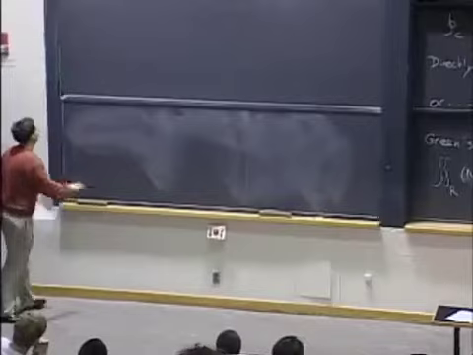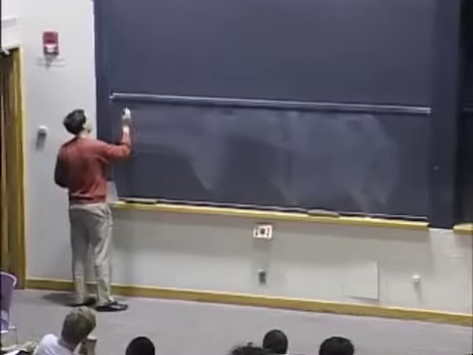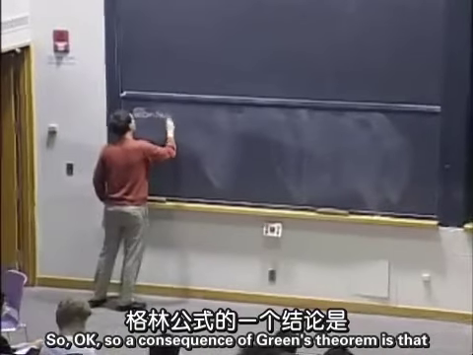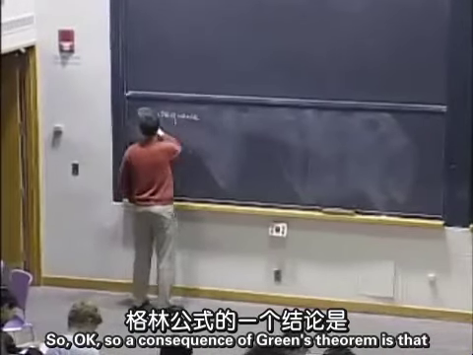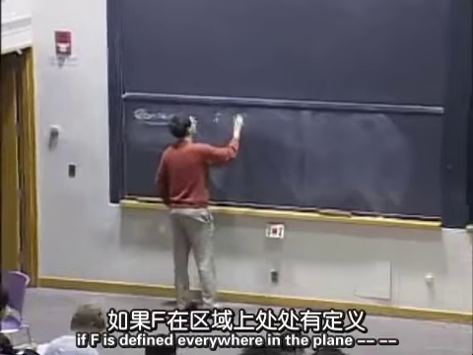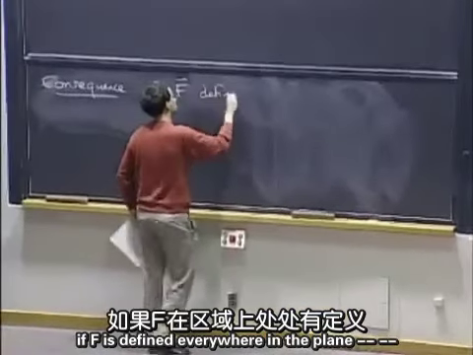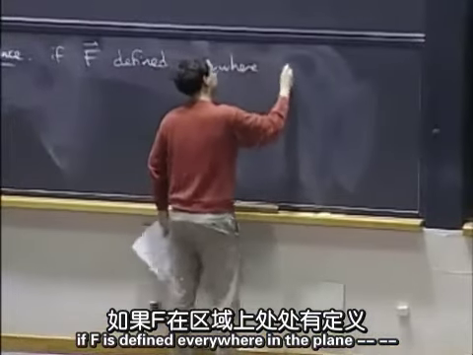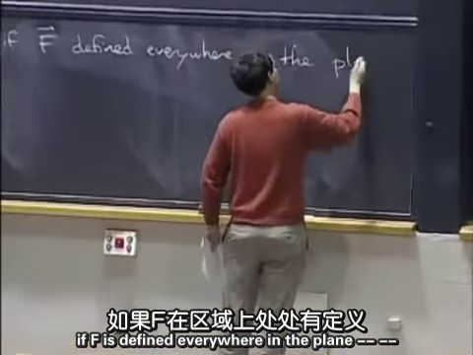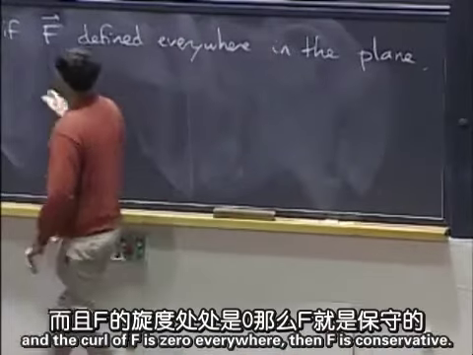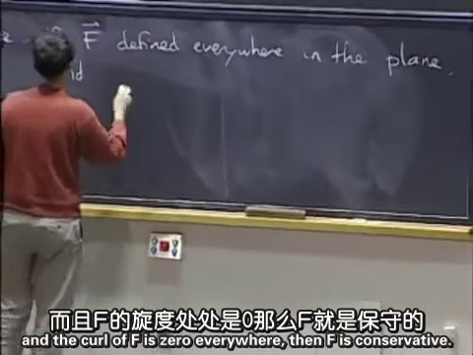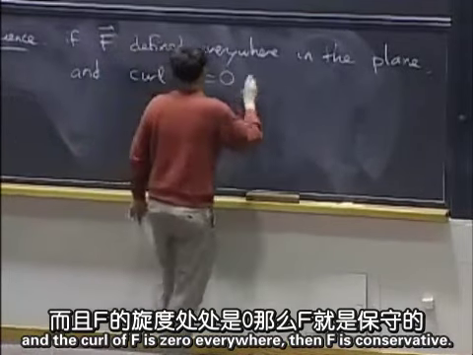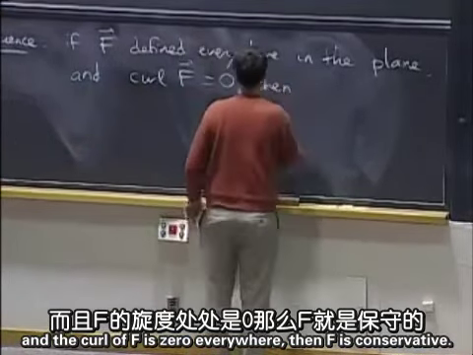Okay. So a consequence of Green's theorem is that if F is defined everywhere in the plane, and the curl of F is 0 everywhere, then F is conservative.